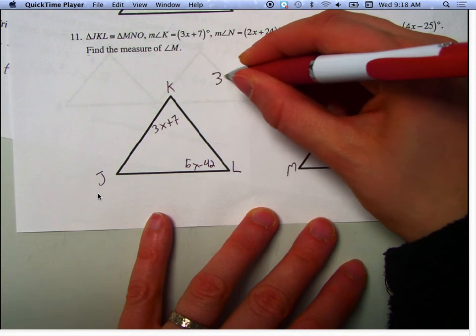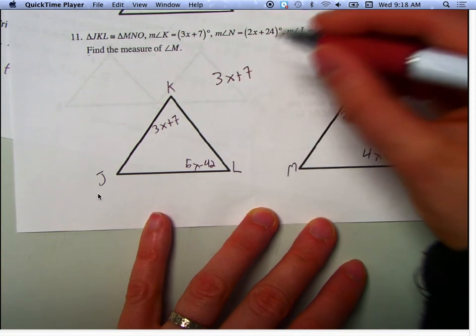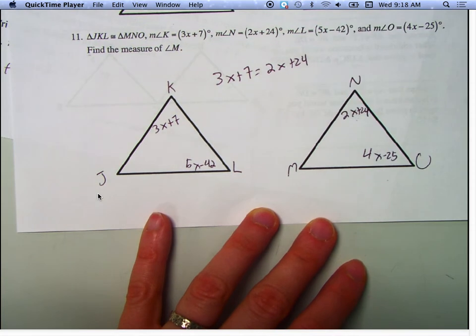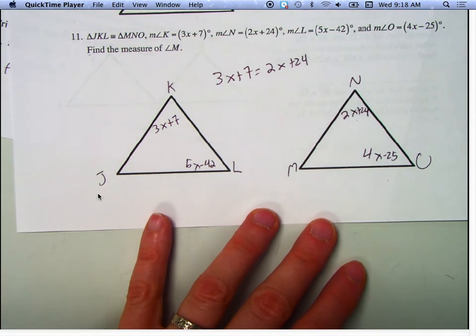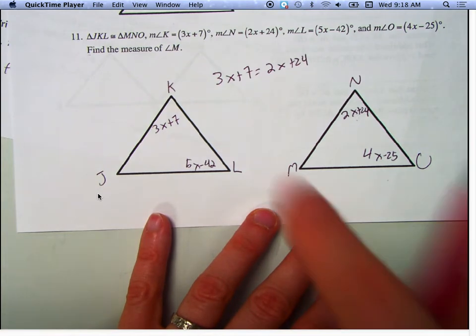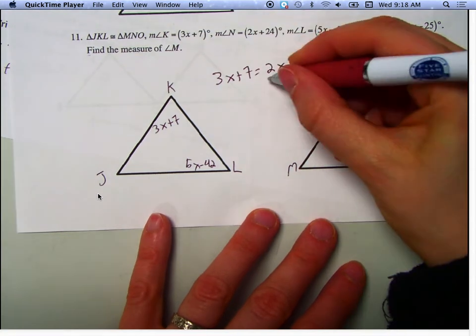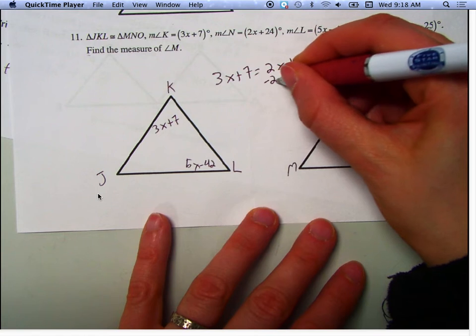So I'm going to say 3x plus 7 equals 2x plus 24. This is a big mistake that I saw on that take-home quiz: you guys not doing your algebra correctly. When I cross an equal sign, I change the sign. When I'm combining like terms on the same side of the equal sign, I just put them together. So I'm crossing the equal sign, so I'm going to subtract 2x from both sides.